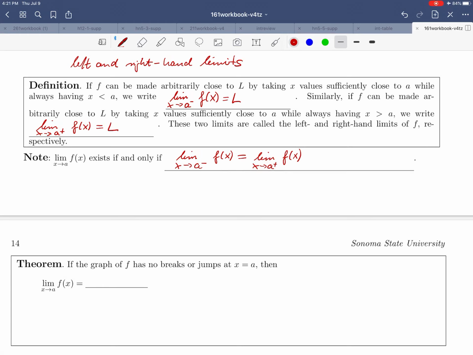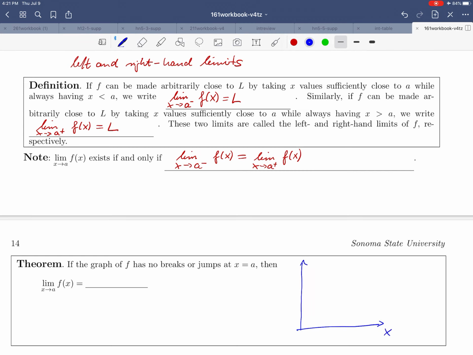So if the graph of f has no breaks or jumps at x equals a, then we can compute the limit as x approaches a of f of x by actually looking at what is going on in the graph. So let's draw the picture of what we are talking about here.